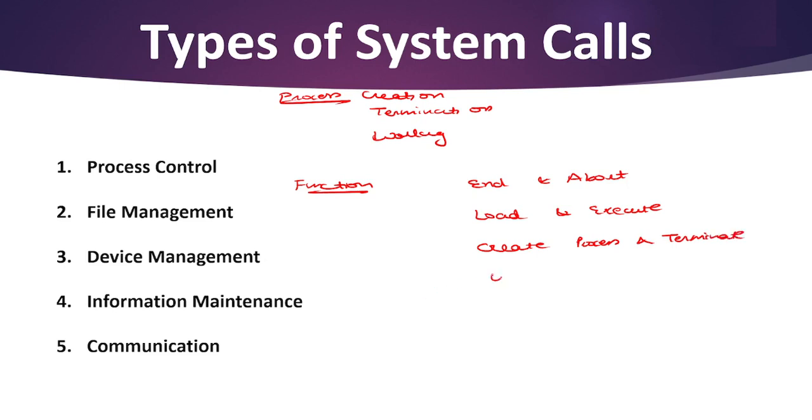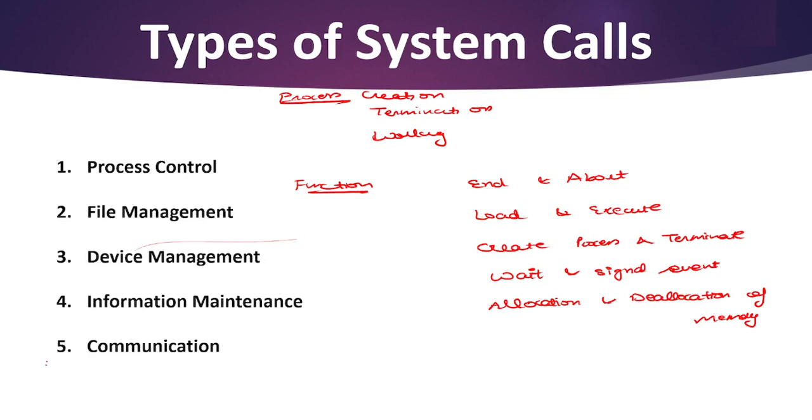Next is wait and signal event. And the last function of process control is allocate and free memory, allocation or deallocation you can say. Allocation and deallocation of the memory. I hope everything is clear till now.